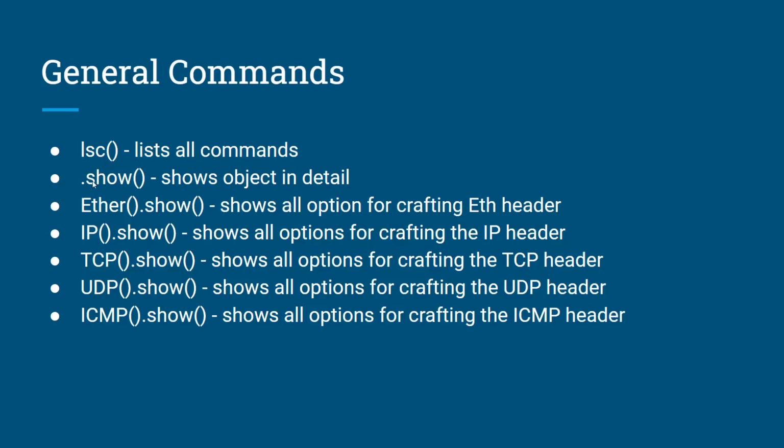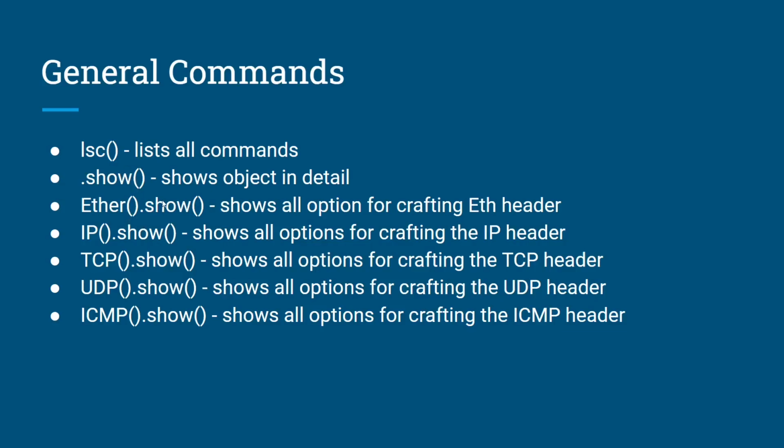Okay, so this .show function: basically, if there's a Scapy object and you add .show to the end of it, for 95% of the objects that I've tested, it will print out in pretty good detail what that object is and what the attributes of that object are. That's pretty useful.